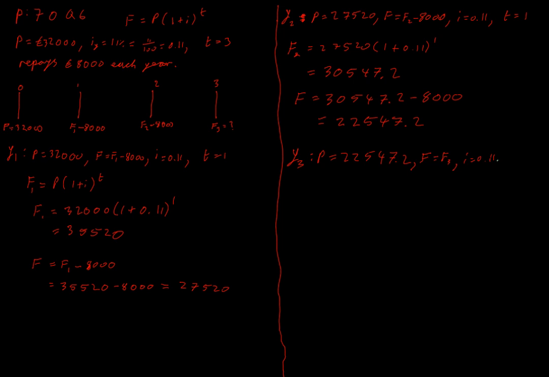I is still 11%. They haven't told us that the interest rate has changed, and we're still only dealing with 1 year. So F is going to equal 22,547.2 on 1 plus 0.11 to the power of 1.